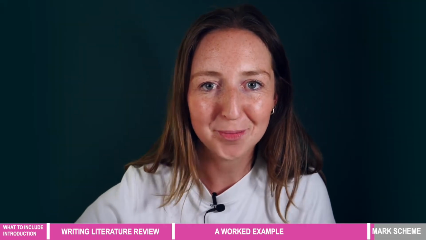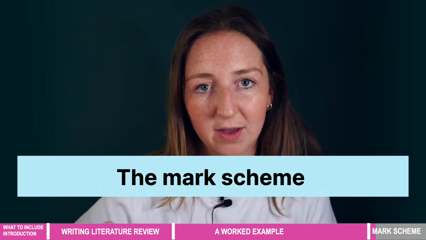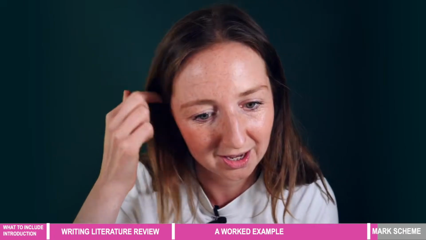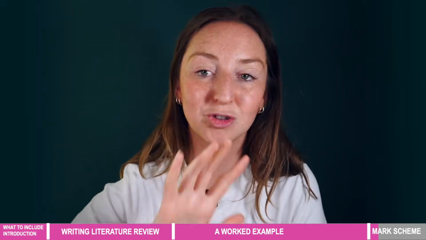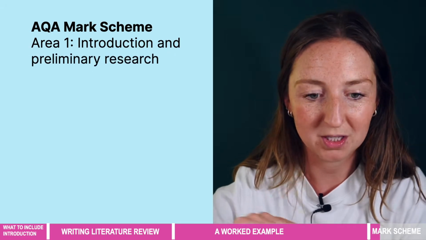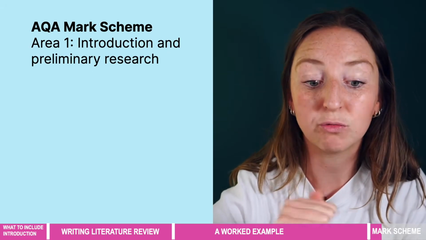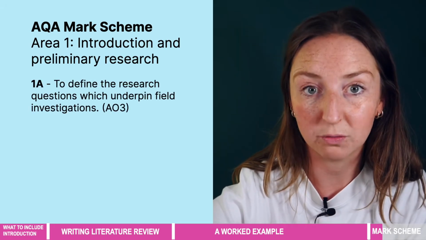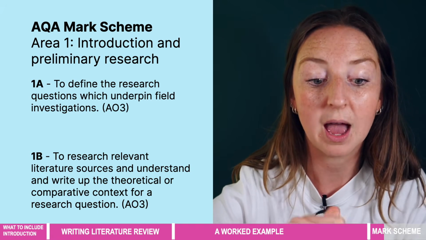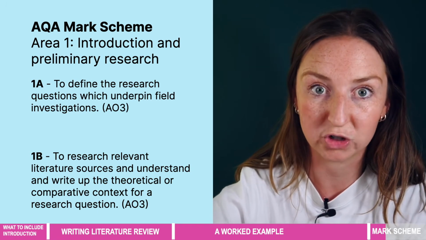Okay, the final bit now, linking to the mark scheme. So the mark scheme for AQA Geography, this is in Area 1, so introduction and your research. Strand 1, 10 marks. The assessment criteria have 2 parts, 1A and 1B. 1A is to define research questions which underpin your field investigations, and 1B is to research relevant sources and understand and write up the theoretical and comparative context for a research question.